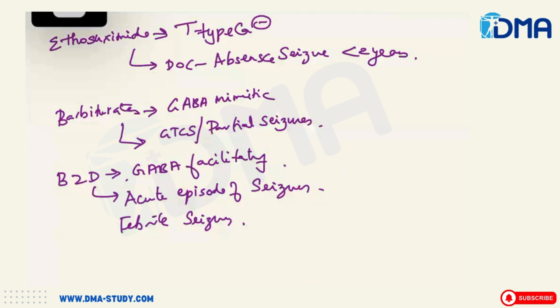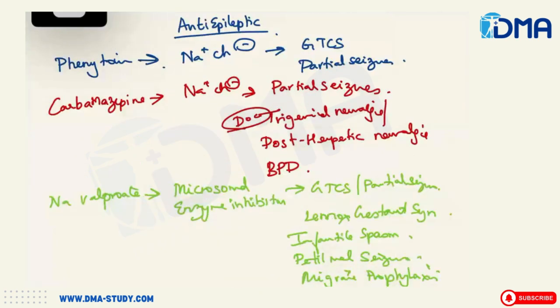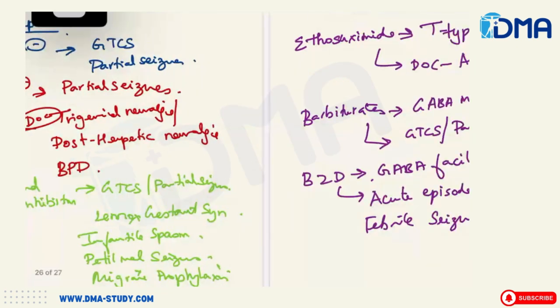There are a few things that you have to know regarding the side effects of these drugs. One such side effect that you have to know is of phenytoin. It has got many side effects. Do you know the mnemonic for the phenytoin side effects? Phenytoin, the adverse effects, you have to remember as Thomas. First, it is teratogenic. Second, it causes hypertrophy of gingiva.